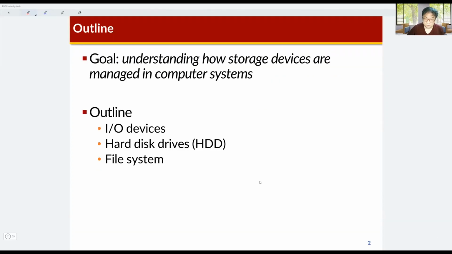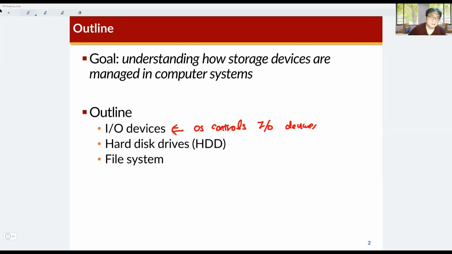So in today's class, we will cover the IO devices and how the operating system controls IO devices.